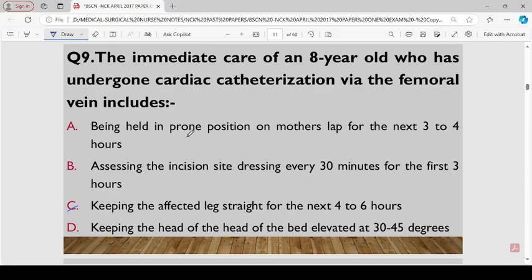When you look at the position, it should be flat lying, right? Assessing the incision, yeah, but not the most immediate priority in this case. Elevated, we are saying should be flat or slightly elevated, 30 to 45.